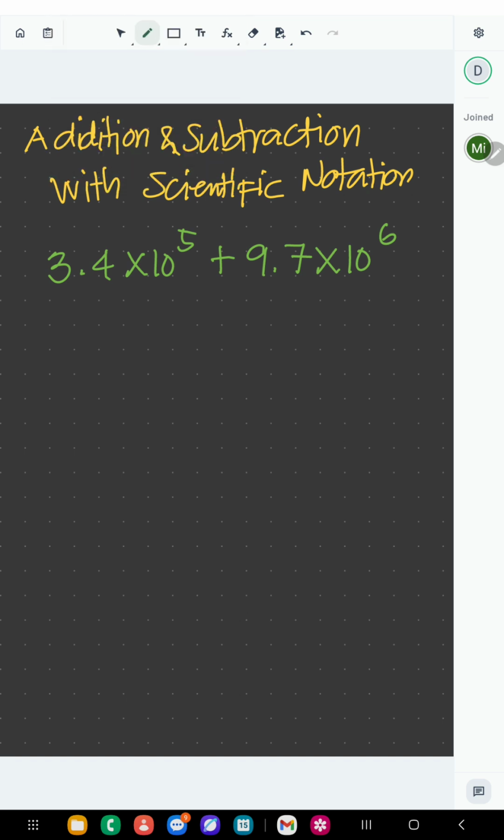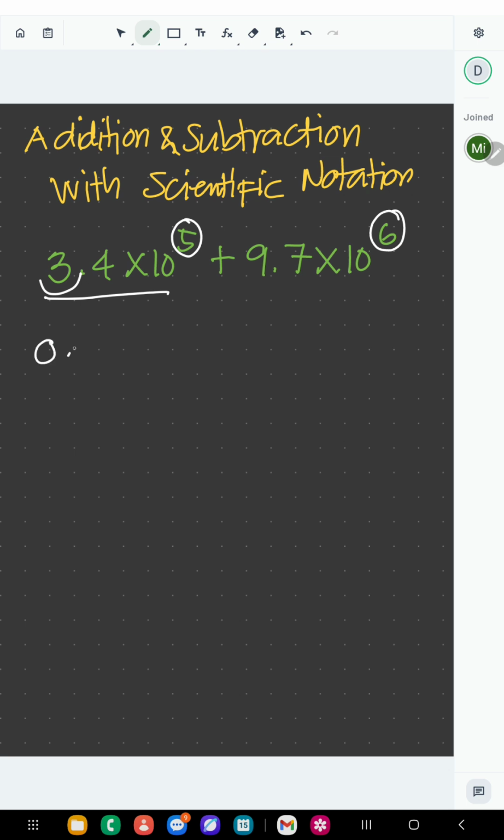The first thing we do is write the numbers with the same power of 10. The first number has an exponent of 5, the second has an exponent of 6. So we can change the first one to make its exponent 6, moving the decimal point to the left.